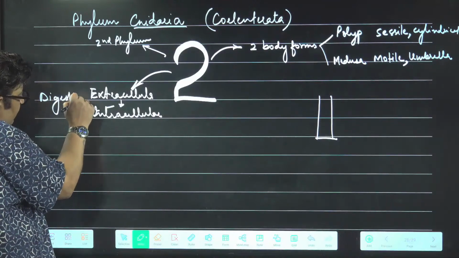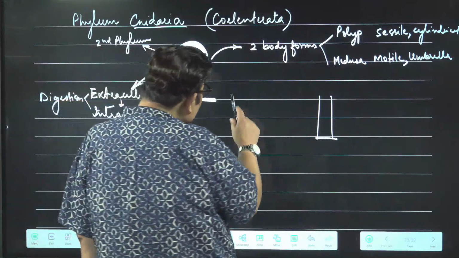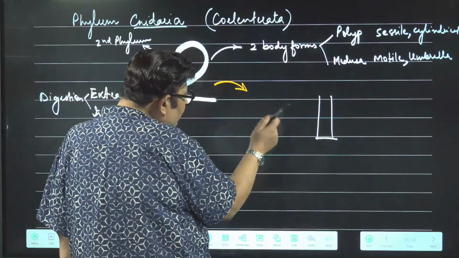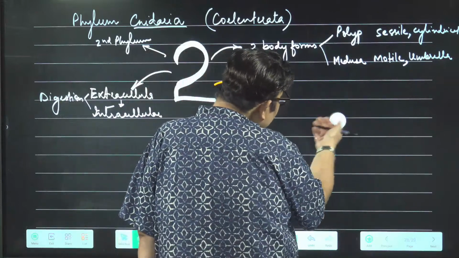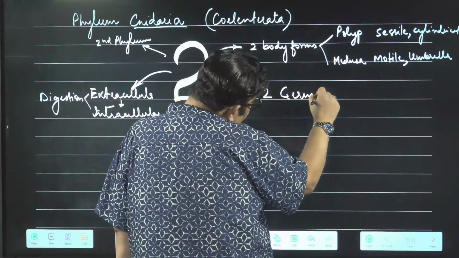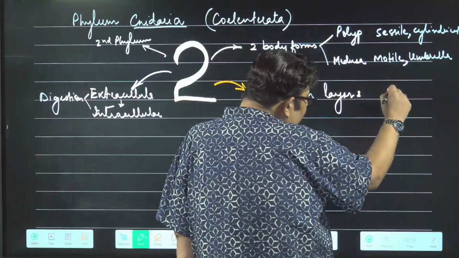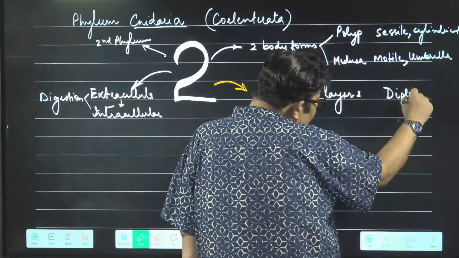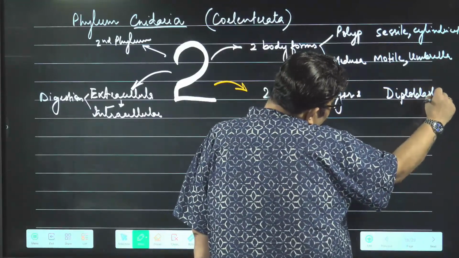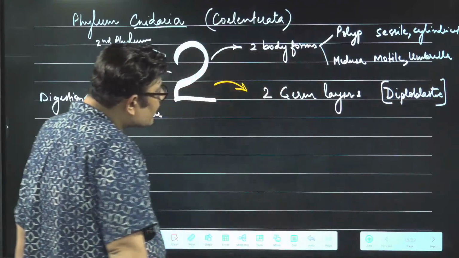One more thing which is true in this phylum is that there are two germ layers, okay? So they are also known as diploblastic, two germ layers, and therefore they are called diploblastic.